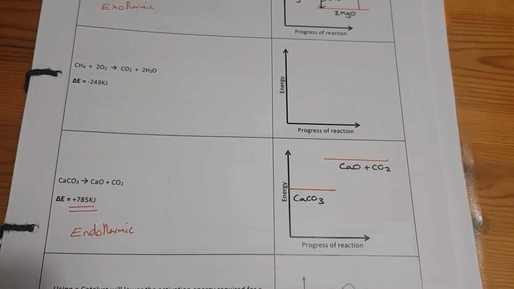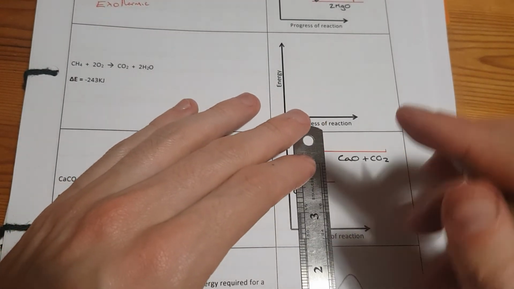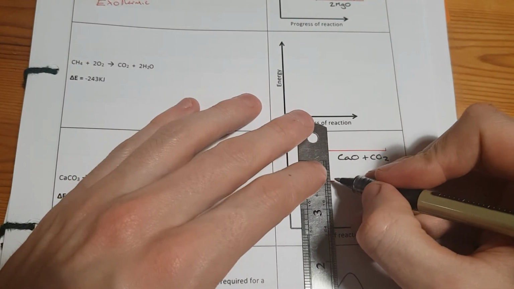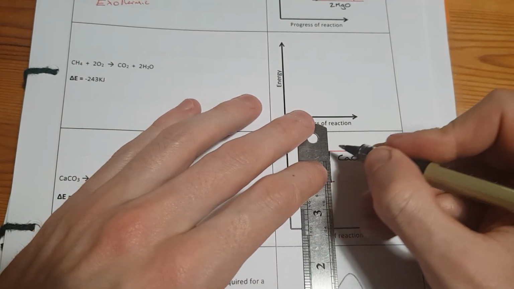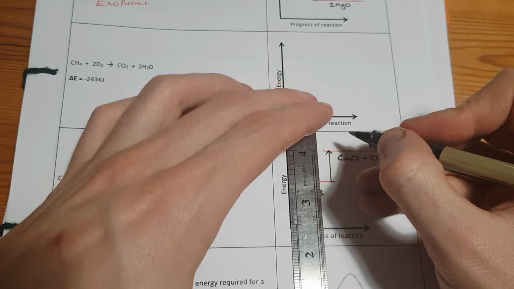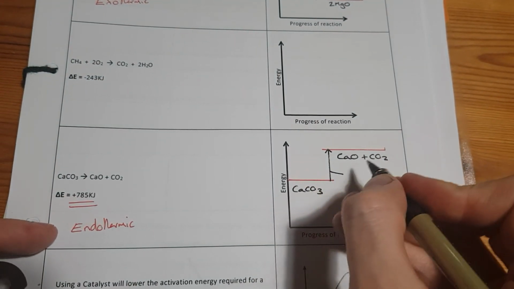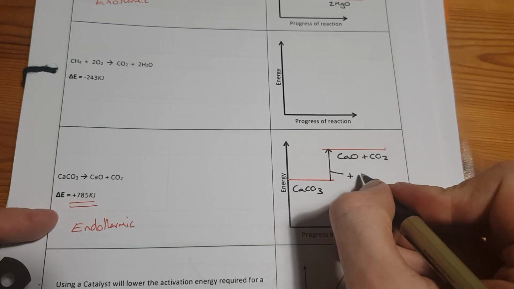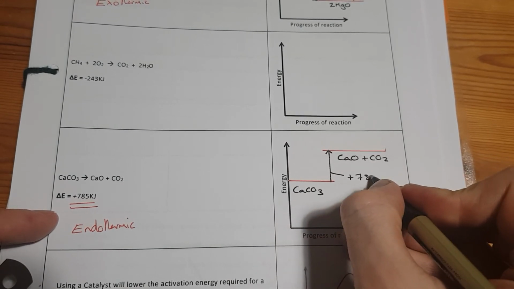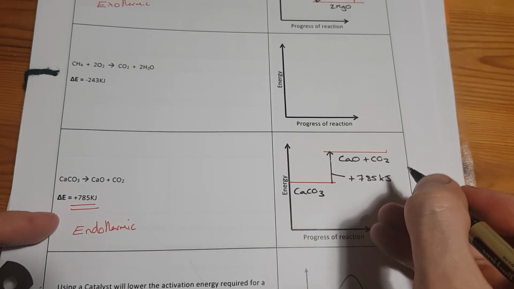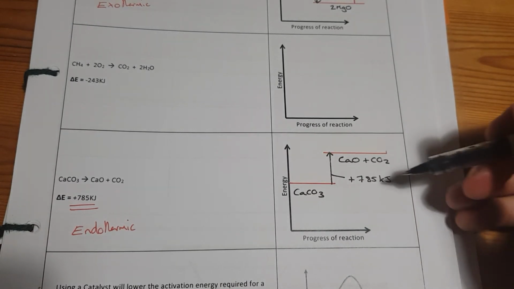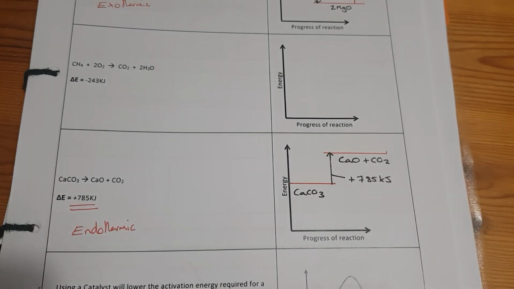We're going to label our energy change, vertical arrow again, going from reactants to the products. We know the actual value of that, it's positive 785 kilojoules. Because it's endothermic, it's taking in 785 kilojoules of energy.